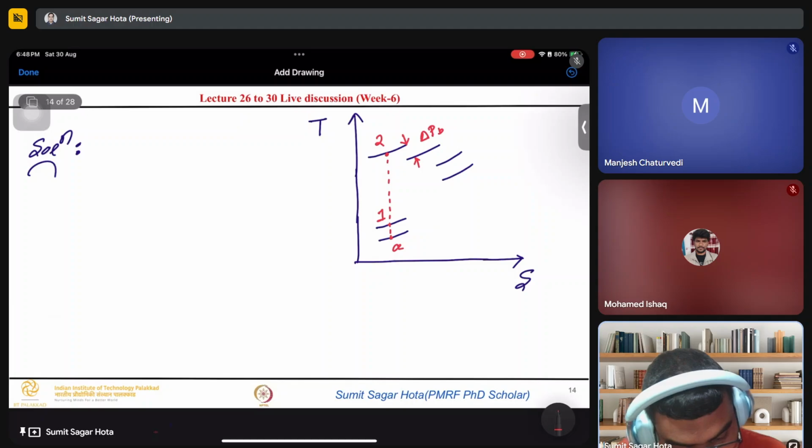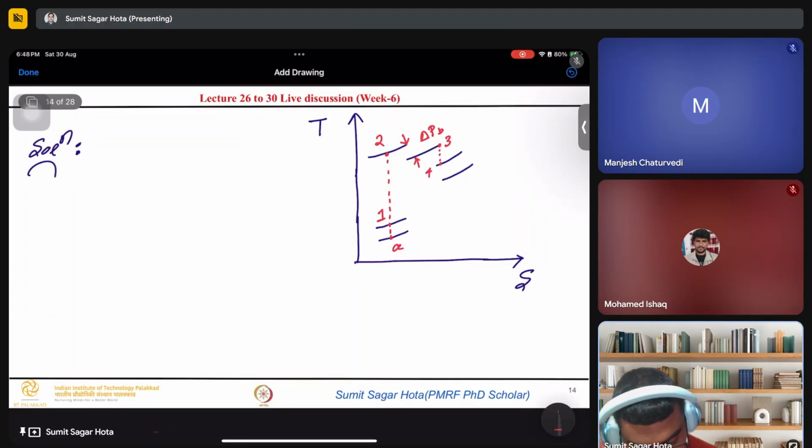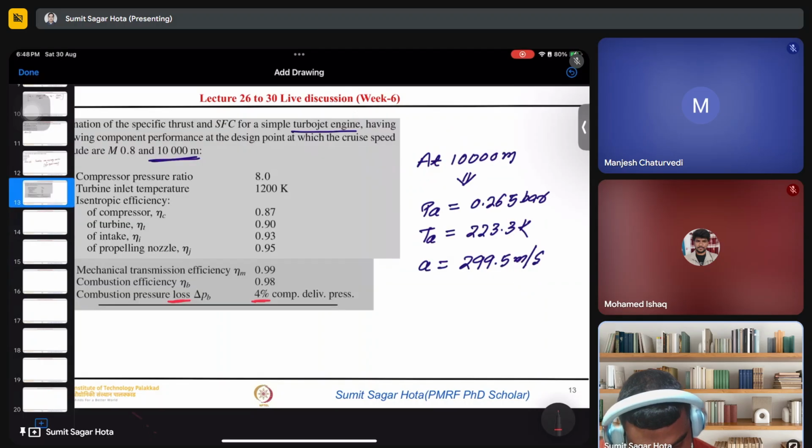Then from here to here, this is 3, this is 4. But now between 3 and 4 there will be some losses, like isentropic efficiencies are given: the isentropic efficiency of the turbine, and then the intake and propelling nozzle.